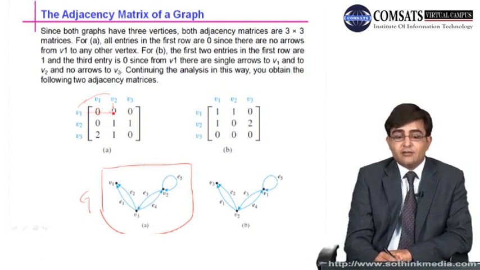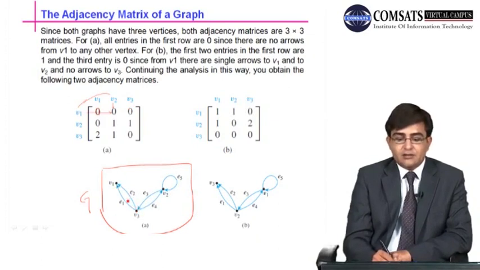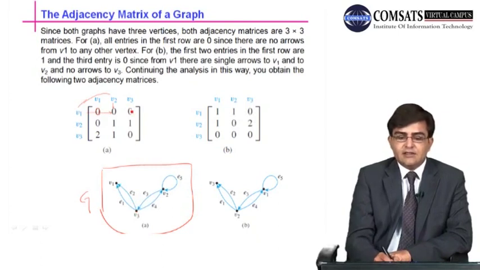The number of arrows from v1 to v2 is 0. Now again from v1 to v3, how many arrows are there from v1 to v3? Here from v1 to v3 there is no arrow, because there are two arrows which go from v3 to v1, as you can see from the direction here. So from v1 to v3 there is no arrow, so we write 0.